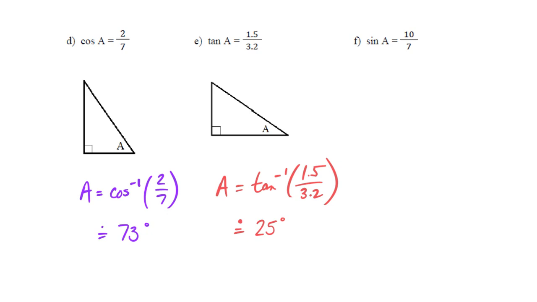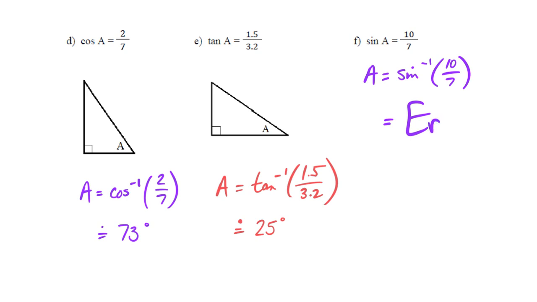If you blindly go through and punch that into your calculator, which I'm hoping everybody did, you're now going to calculate and say it's the inverse sine of 10/7. And when you do that, you're going to get an answer depending on your calculator. For some of you, you might have a big E that pops up.